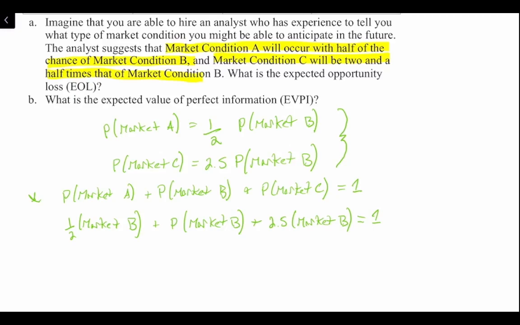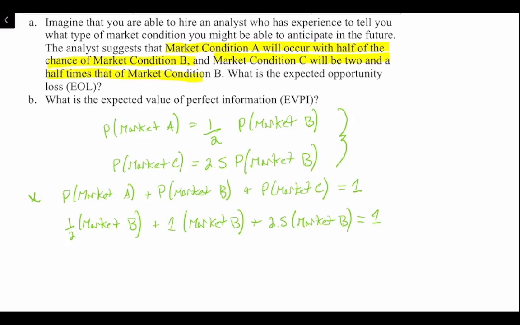So we can rewrite this then. Well, 1/2 is also equal to 0.5. So 0.5 market B plus 2.5 market B is 3 market B plus 1 market B. This should say 1.